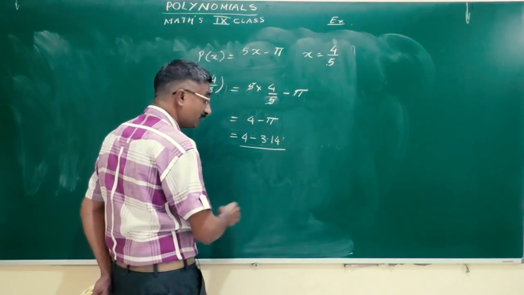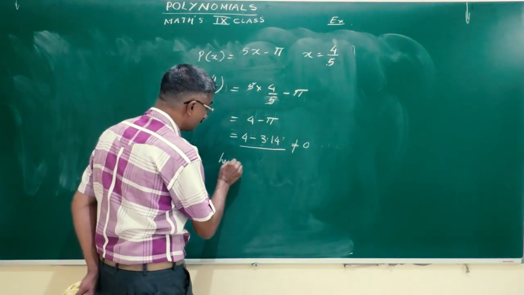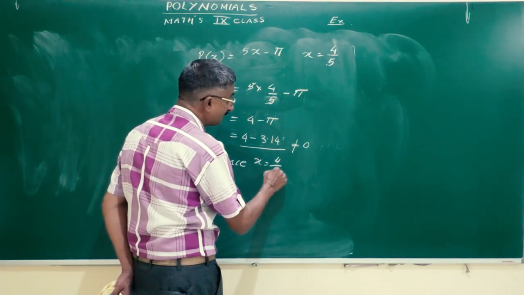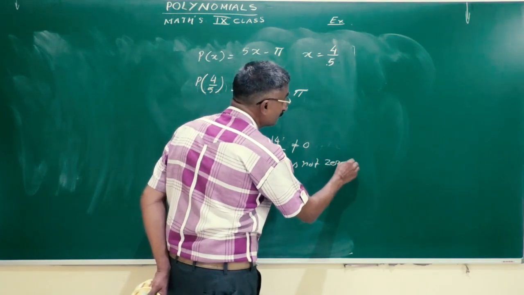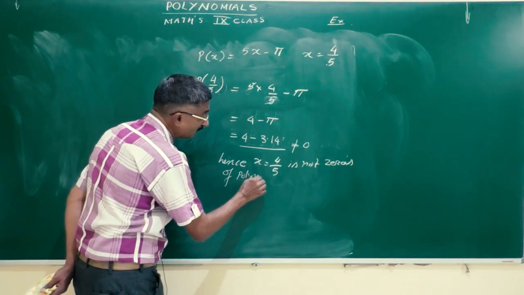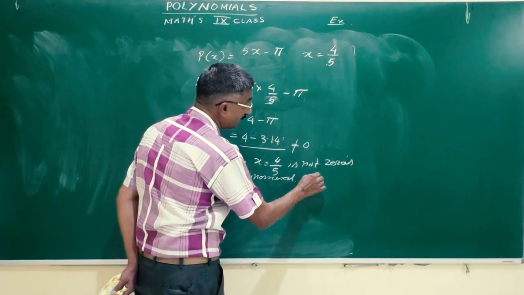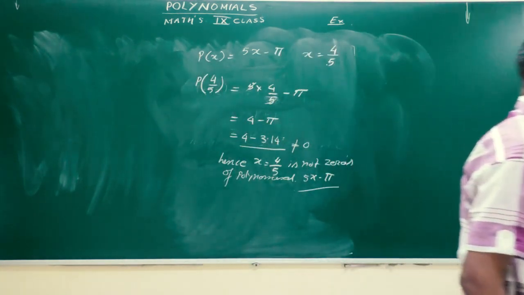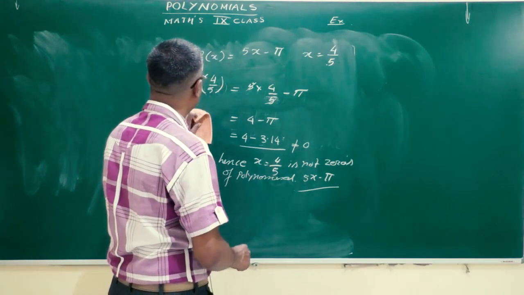So I am not getting 0. This is not equal to 0. Hence x is equal to 4 by 5 is not a zero of the polynomial 5x minus pi. Clear?